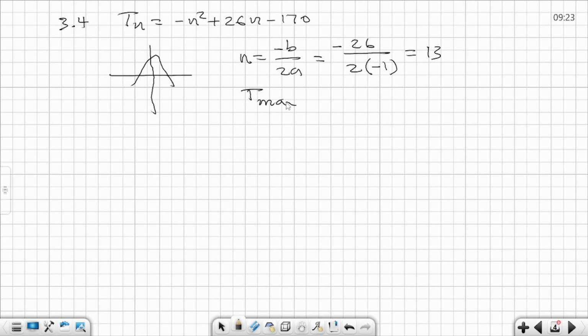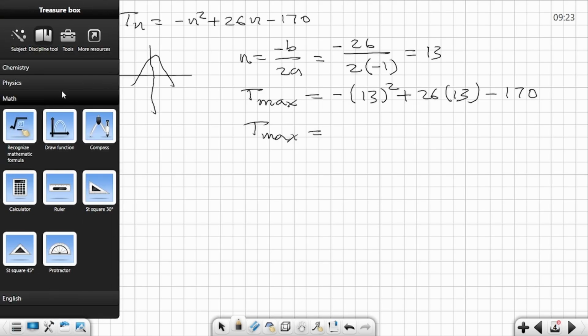T maximum will be negative 13 squared plus 26, n is 13, minus 170. So what is your T maximum?